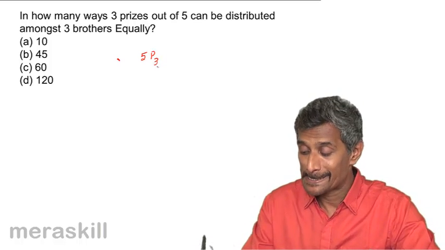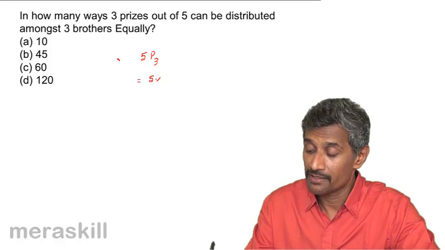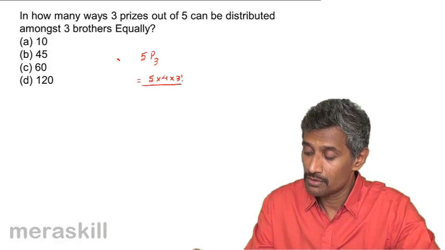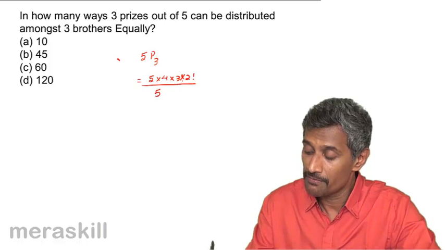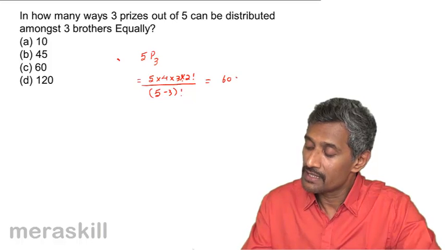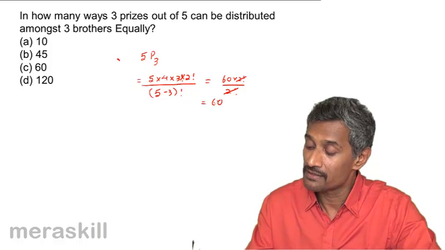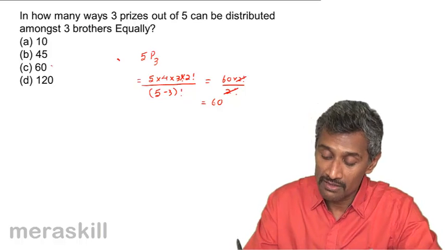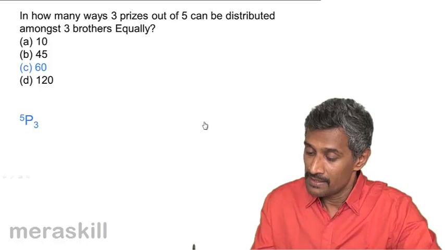So it's going to be 5P3, which is 5 into 4 into 3 factorial upon 5 minus 3 factorial. It's going to be 60 into 2 factorial upon 2 factorial. So it's going to be 60 ways in which the 3 prizes could be distributed among the 3 brothers. So among these, this is the right option. And we do have it like that.